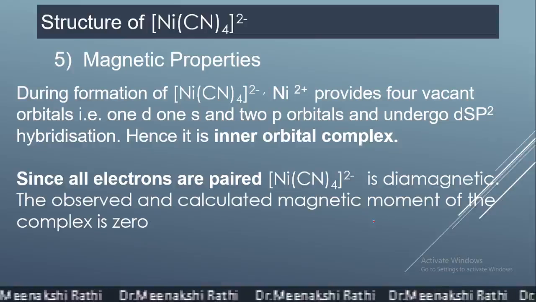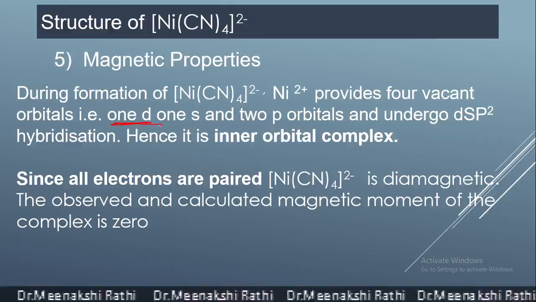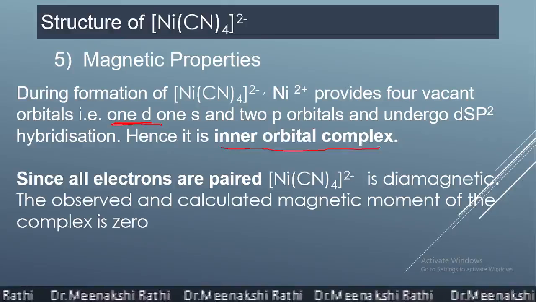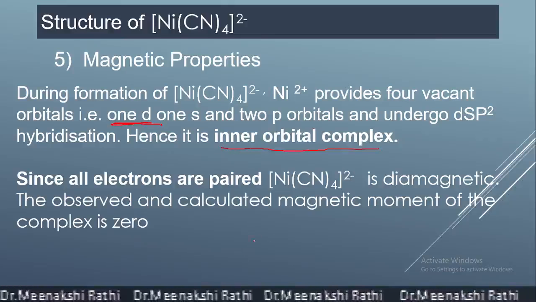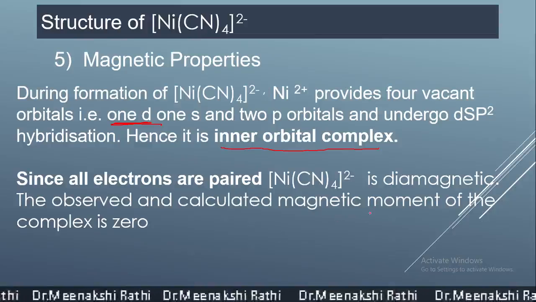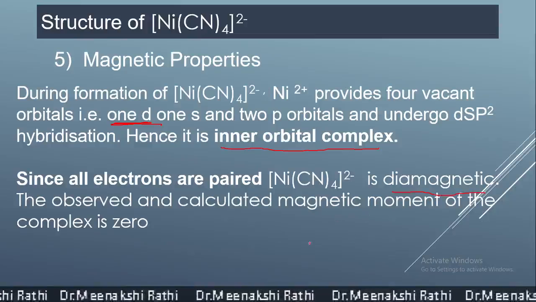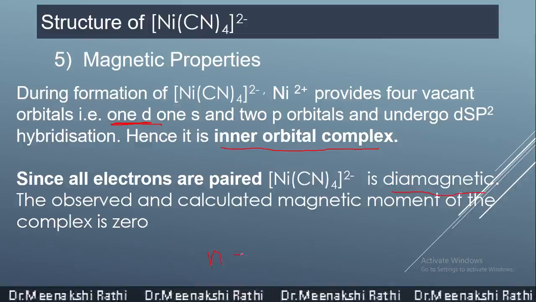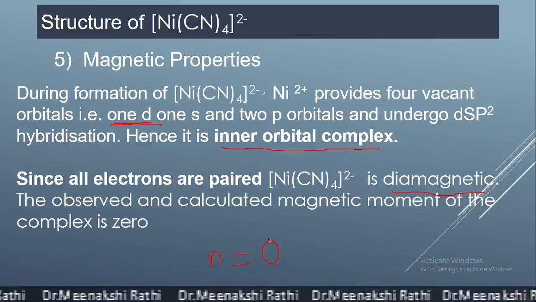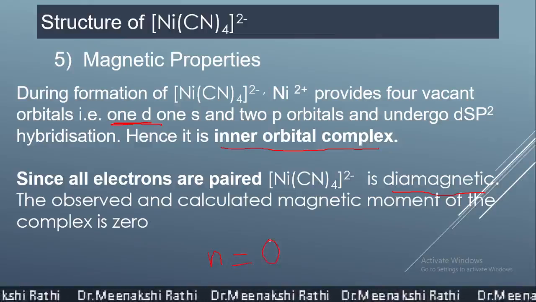As it is using one 3d orbital, it is known as an inner orbital complex. Since all electrons are paired in tetracyanonickelate, it is diamagnetic in nature, and as no unpaired electrons are there, n is equal to 0, the observed and calculated magnetic moment of the complex is 0.